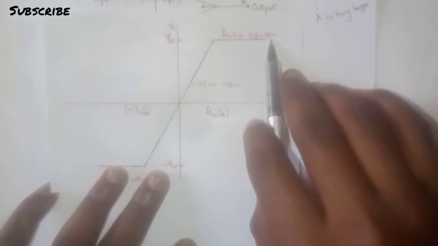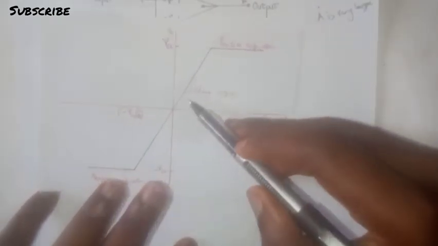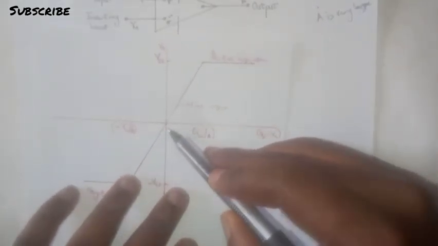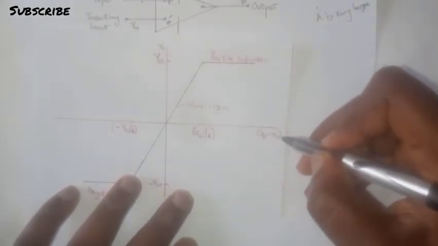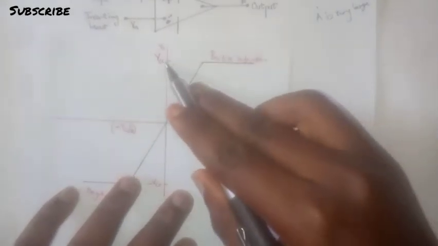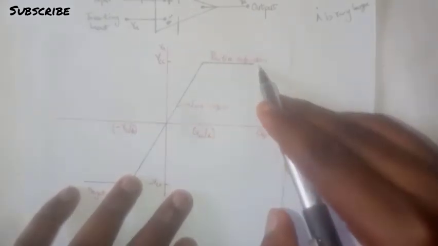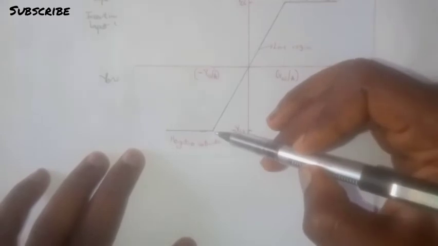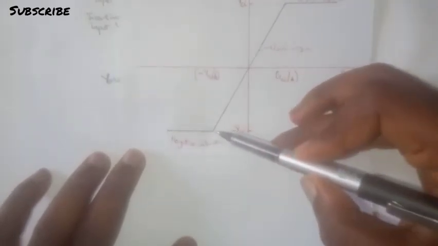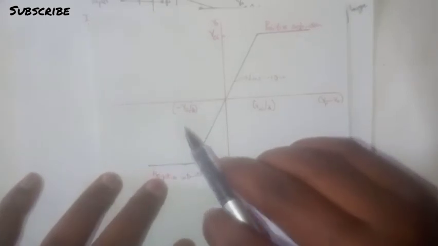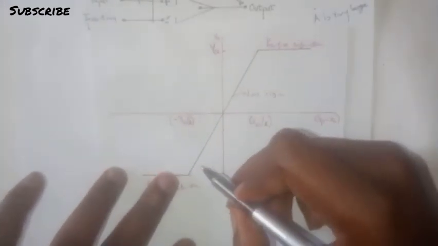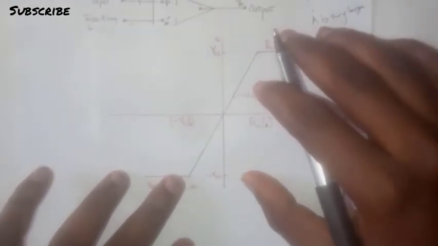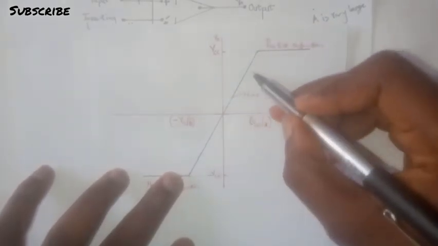Then we have the positive saturation region, where once A multiplied by Vp minus Vn is greater than VCC, it goes into positive saturation, and in the negative saturation region, once it is less than the negative limit, it goes into negative saturation. Now, the goal when operating an amplifier most of the time is to keep it in this linear region.